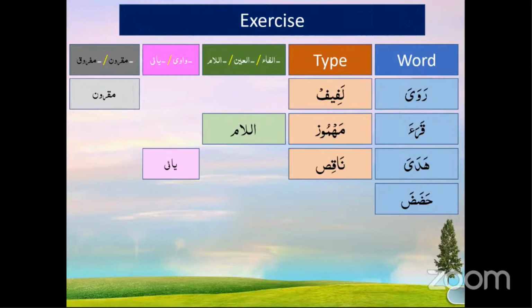Are there any repeat letters in there? Yes, there are two. The letter is repeated twice. Very good. The name for repeat letters starts with the meem. Mahmuz? No, Mahmuz is for Hamza. The other one, right after the Mahmuz. Mudaf. Yeah, Mudaf. Okay, good.